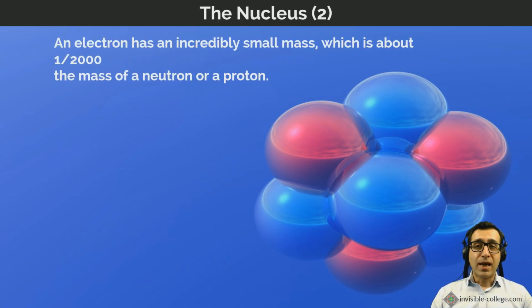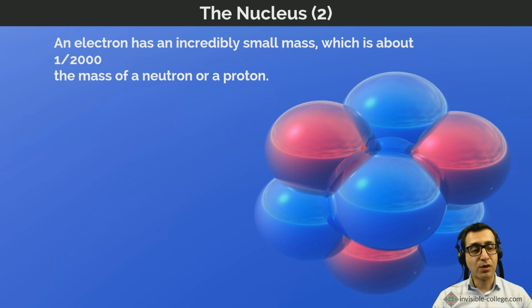So now an electron is even smaller still. We saw that a proton or a neutron is about 1 femtometer in size, and the masses of these things, protons, neutrons, and so on, are not usually measured in standard units of mass, which would be kilograms, because while we do know the mass of a proton or a neutron in kilograms, it's not a very useful number, because it's an incredibly small number when expressed in kilograms.